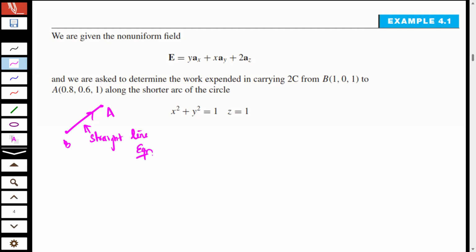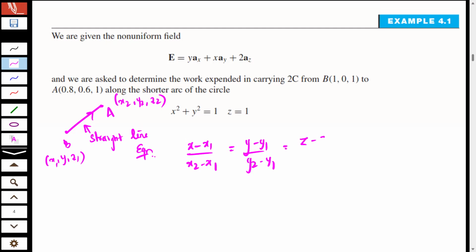So the straight line equation formula, if you have x1, y1, z1 and x2, y2, z2, we can find equation of straight line as x minus x1 by x2 minus x1 equals y minus y1 by y2 minus y1 equals z minus z1 by z2 minus z1.